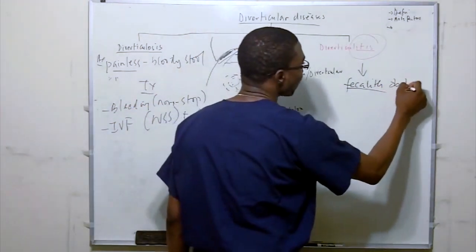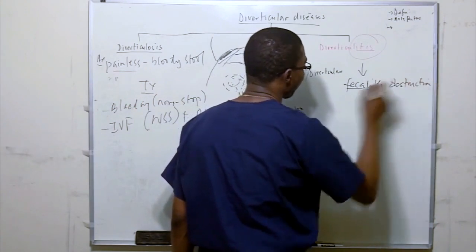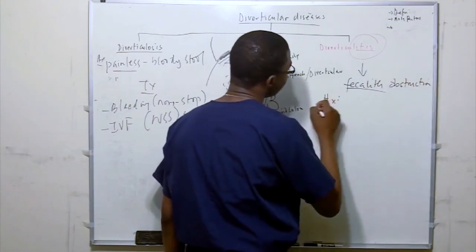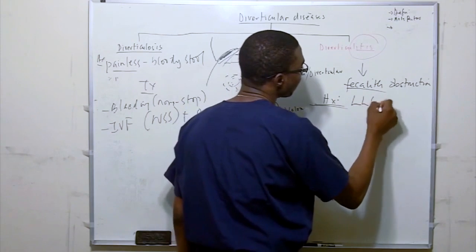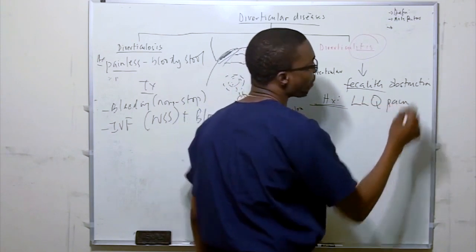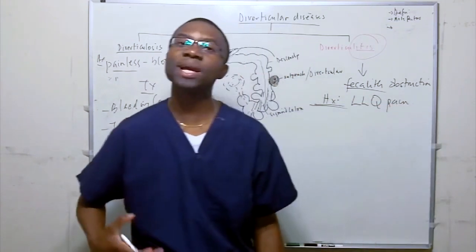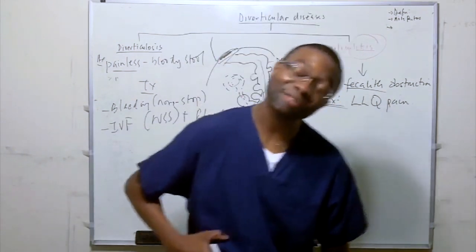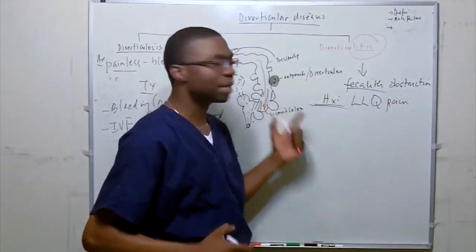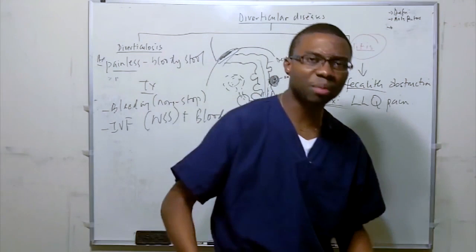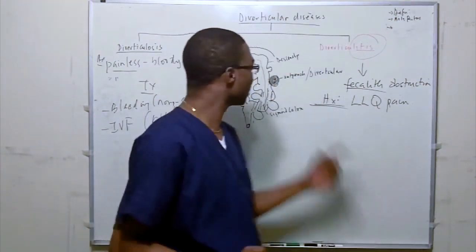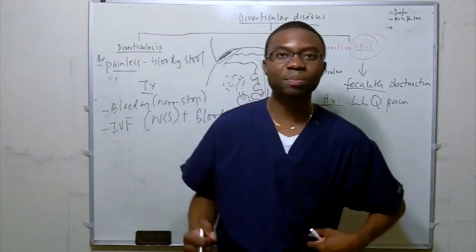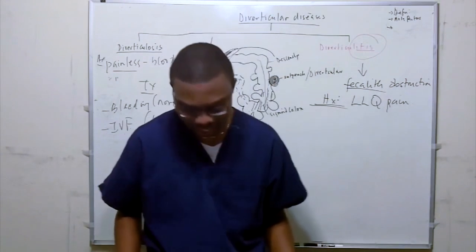It's caused by the fecalith obstruction. On history, they're going to complain of left lower quadrant abdominal pain because of inflammation, right? They get inflammation around this area. The bacteria in the poop are also causing some inflammation. They get some ischemia around the area. Ischemia causes pain, just like chest pain in your chest.